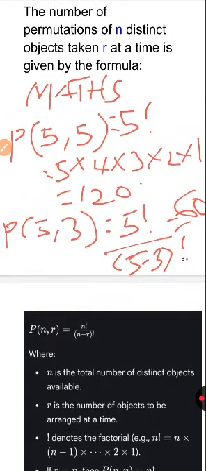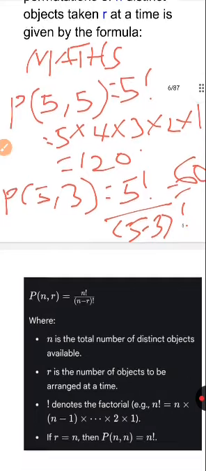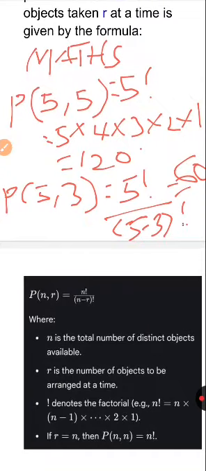Therefore, we take the factorial of 5. We are taking the factorial of 5 because the number of objects to be arranged and the total number of objects are the same. So you take the factorial and then you find the number of ways that the letters in the word can be arranged.